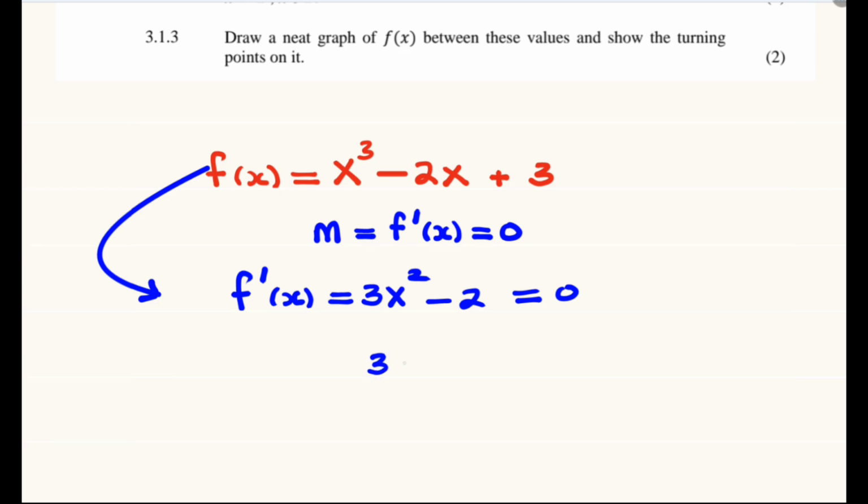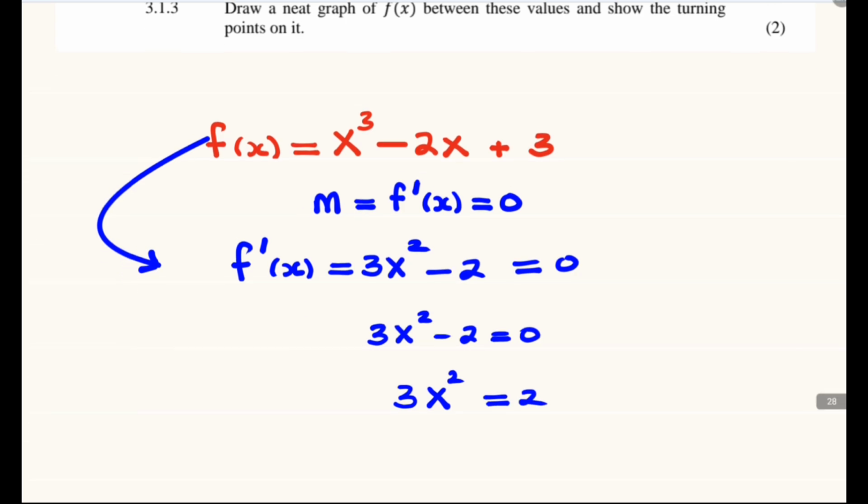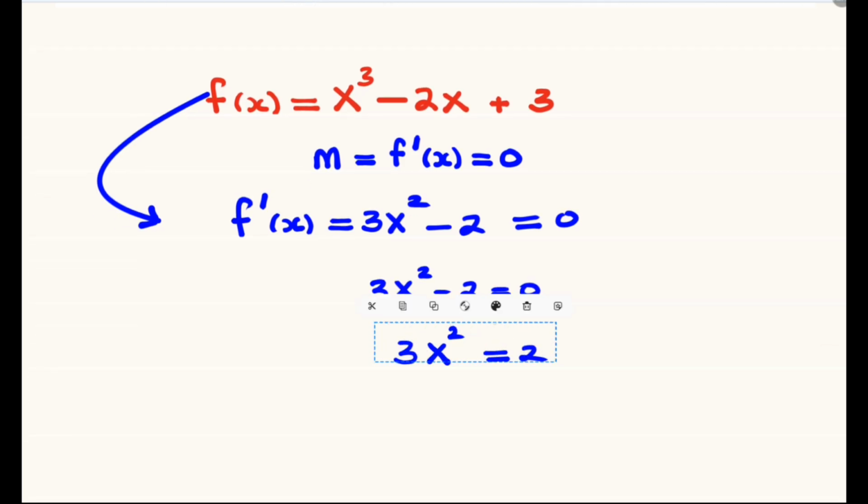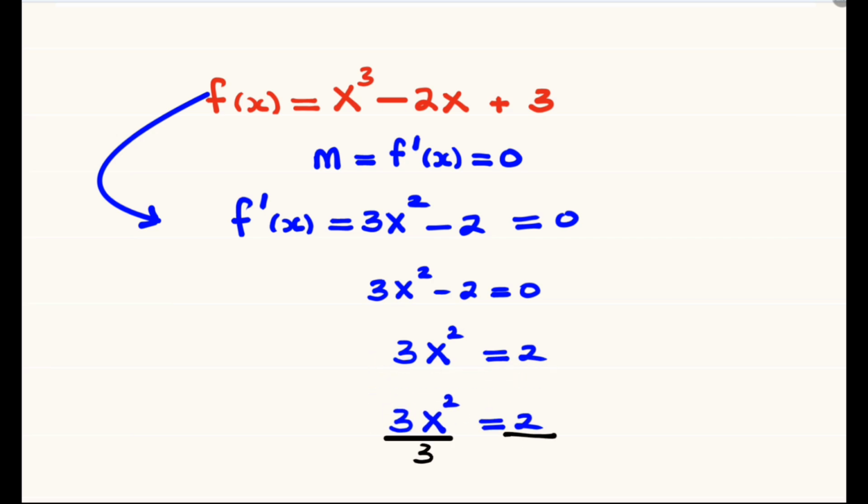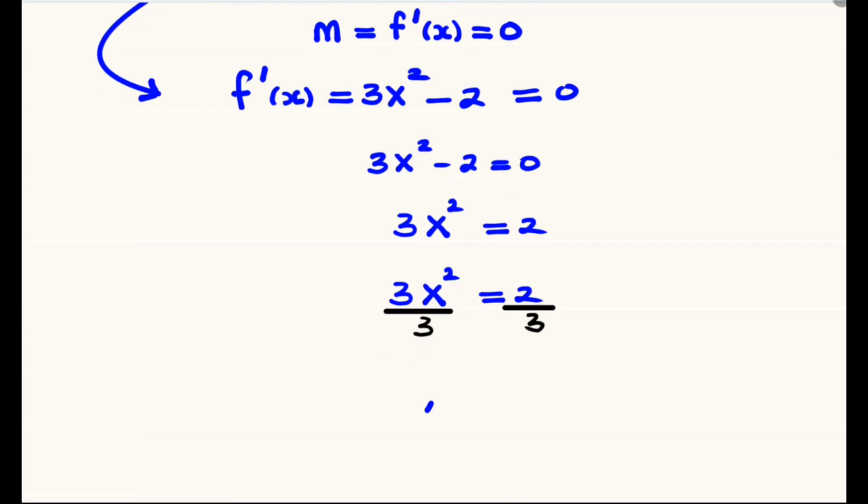We solve for x, and 3x squared minus 2 will be equal to 0. Our 3x squared, we move the 2 to the right, it will change sign to positive 2, and we divide both sides of the equation by 3, and the x squared will be equal to 2 divided by 3.